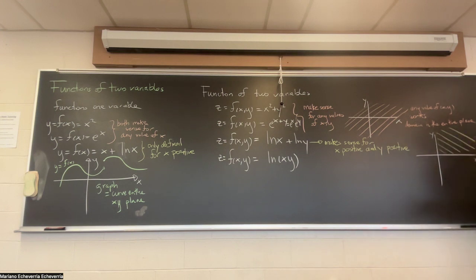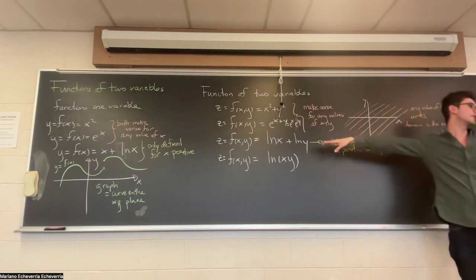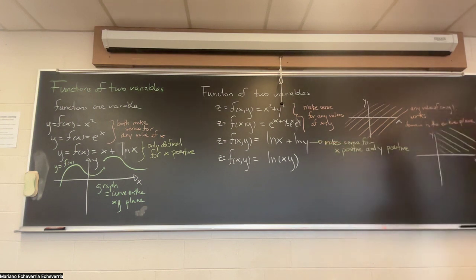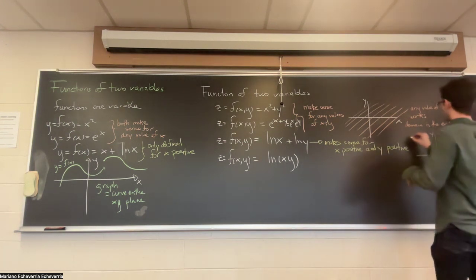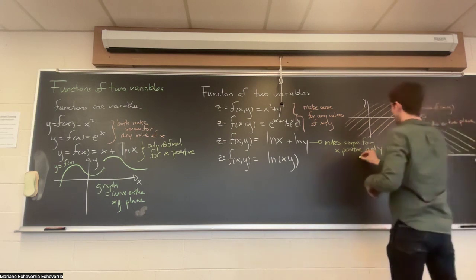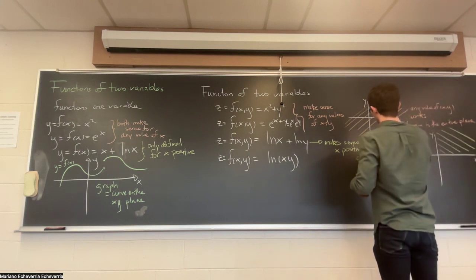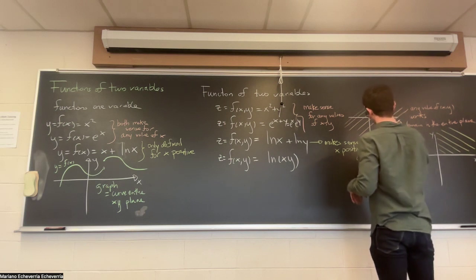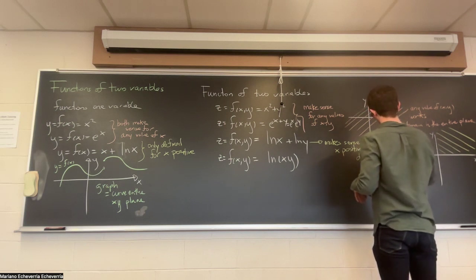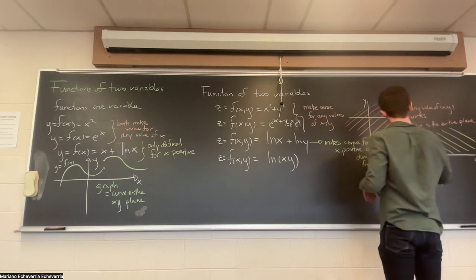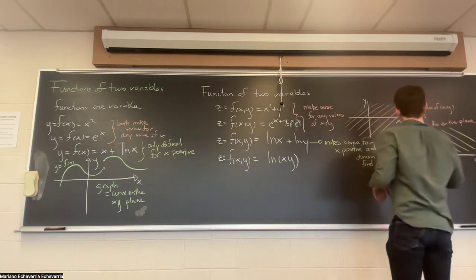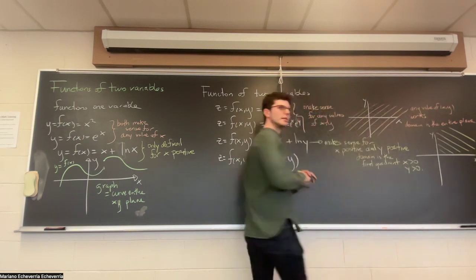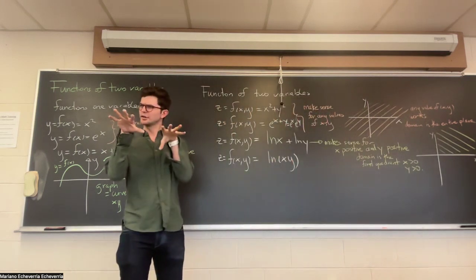So my point is that if you choose values of x and y that are in the first quadrant, then this is good to go. You can feed that into this formula. But otherwise, that wouldn't make sense. So here you would like to say that the domain is the first quadrant. Is that making sense? So far, so good.